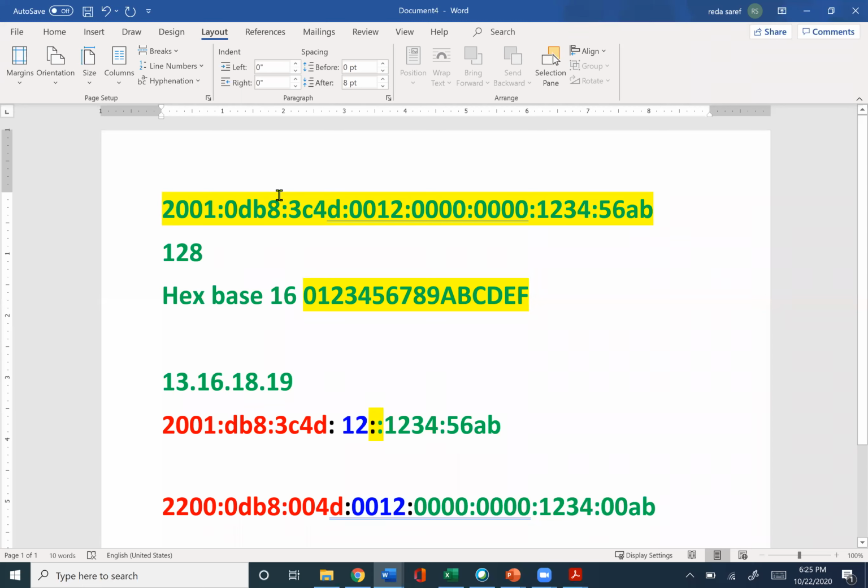It's not just 4 octets, it's 16 octets if you look at it as octets. Every octet is 8 bits, and every hexadecimal digit is represented by 4 bits.